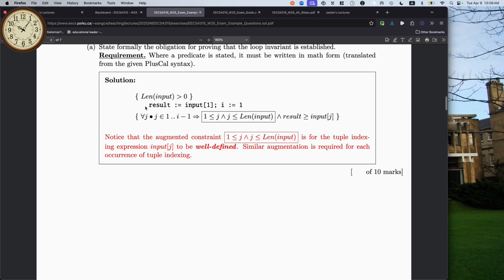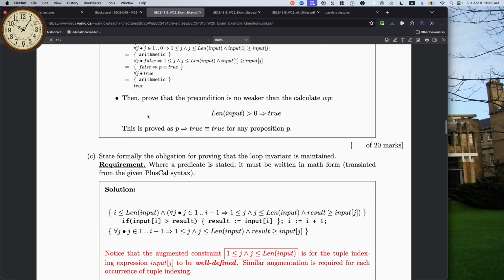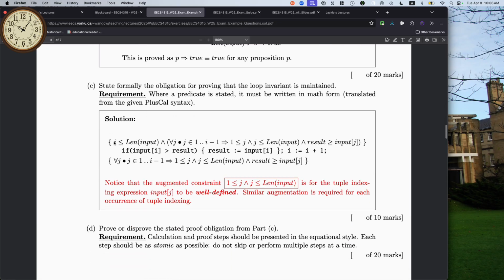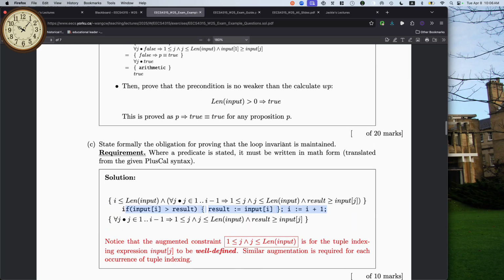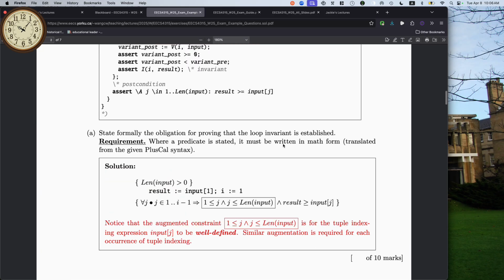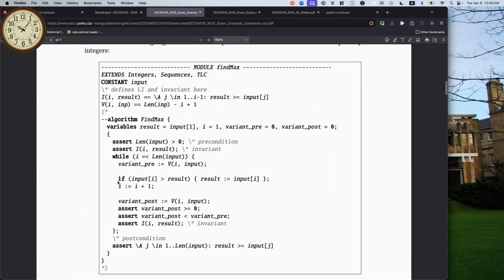You can think about this part here. Okay, let me just go back here. This part here is the B, and this part here is the I. You want to make sure the same I is also maintained as the postcondition for the Hoare triple. Then we say that this is the body of the loop. You basically copy the body of the loop, which can be found right here.